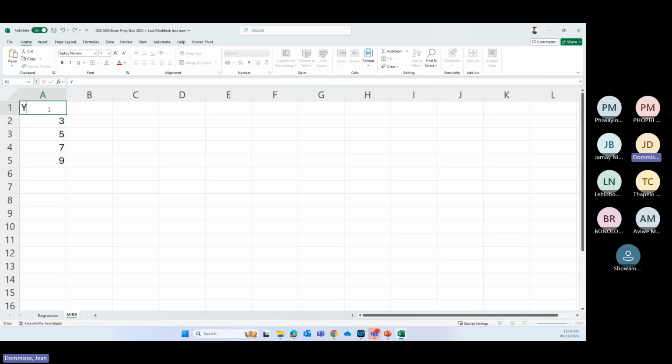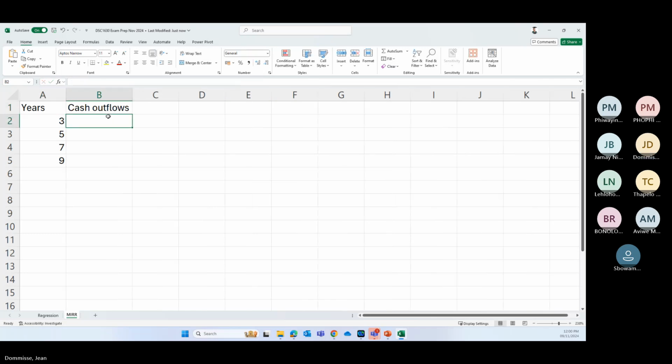That was the years. This will probably not work that great. Cash outflows, minus. So what I am going to do, I might need to trick Excel in this one, but let's just see.